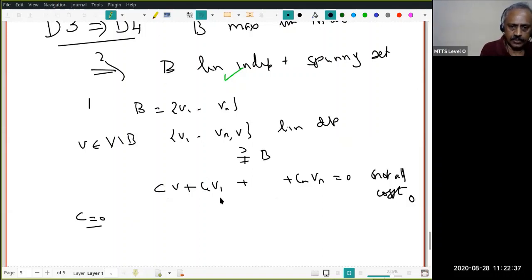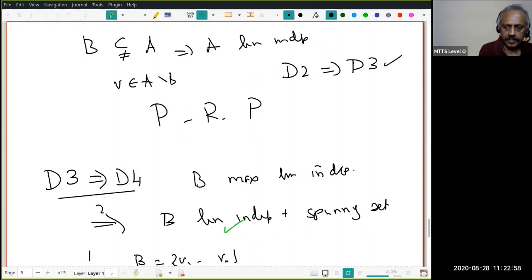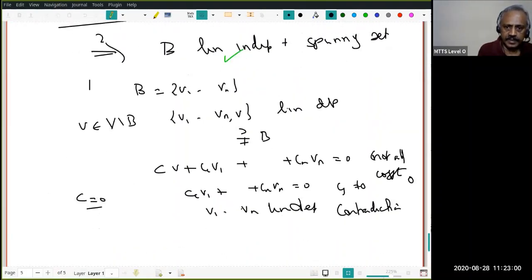If c is 0, that means among c1 to cn, one of them, cj, is not 0. But that would mean c1 v1 plus cn vn is 0 and one cj is not 0. This would mean v1 to vn is linearly dependent. This is a contradiction. Right? Okay. Therefore, c is not equal to 0.